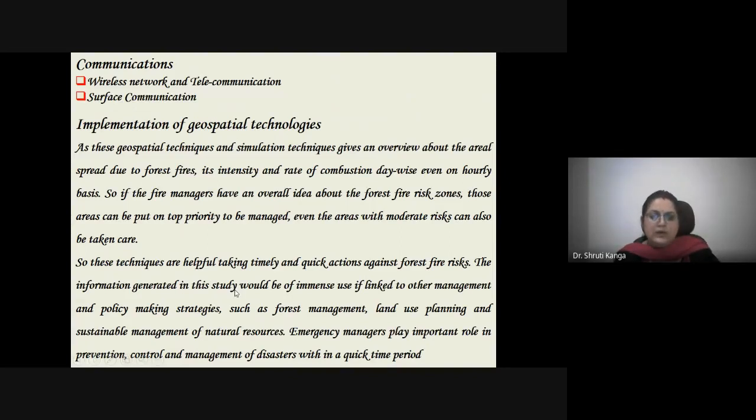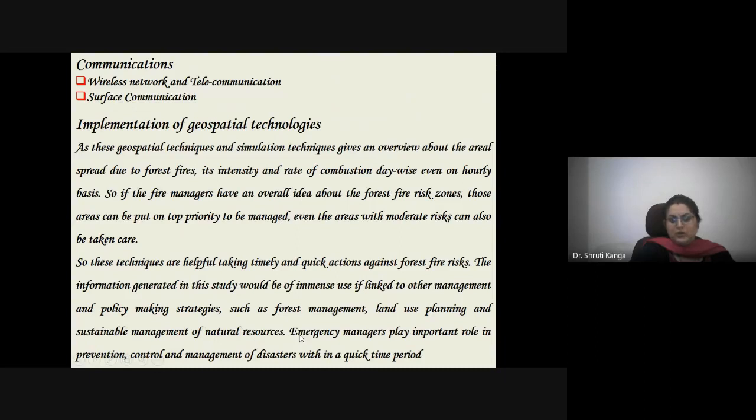Through this case study, the information which this study is trying to give is of immense use for management and policy making strategies such as forest management, land use planning within the forested areas, and of course the sustainable management of natural forest resources.